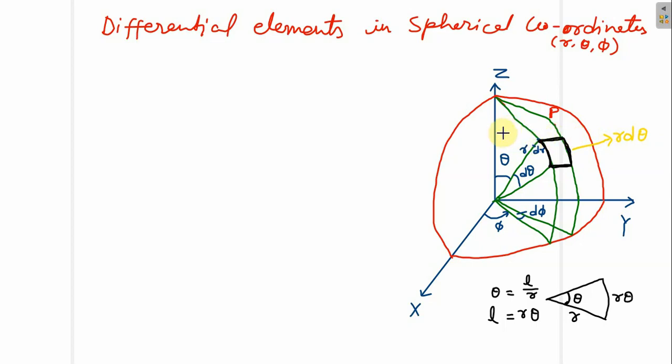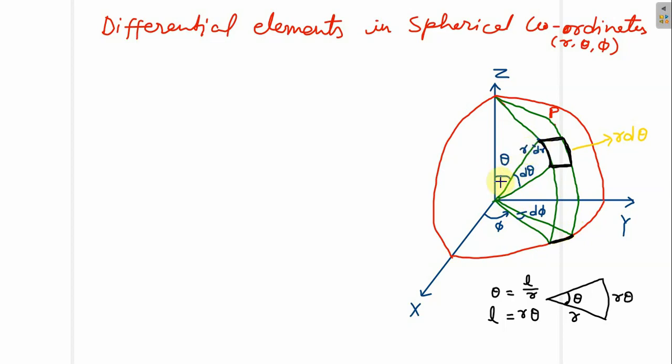Fine. Now if I want to talk about this length, obviously this length is similar to this length. Let me make it darker so that it will be visible. Yes, this one I am talking about. So this one is r, and if I project it on this xy plane, it is making theta with the z axis.